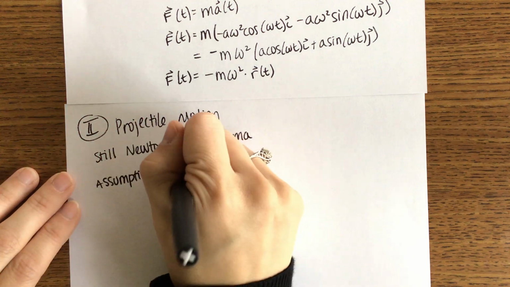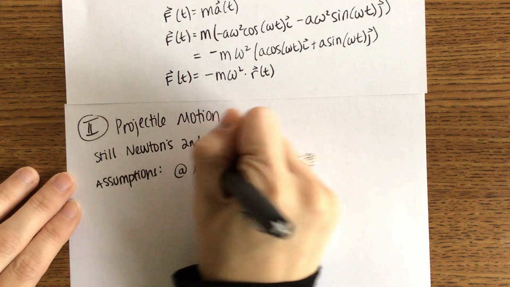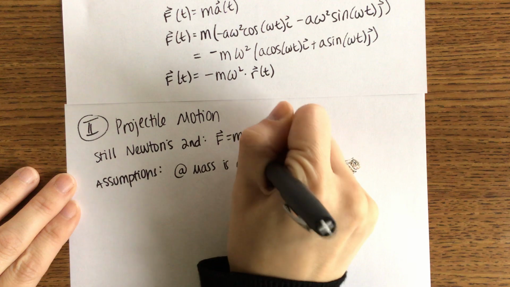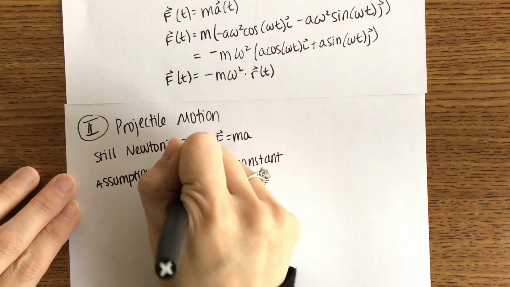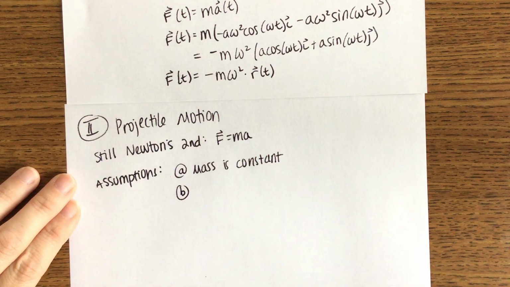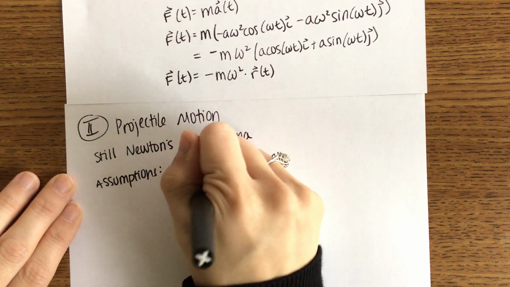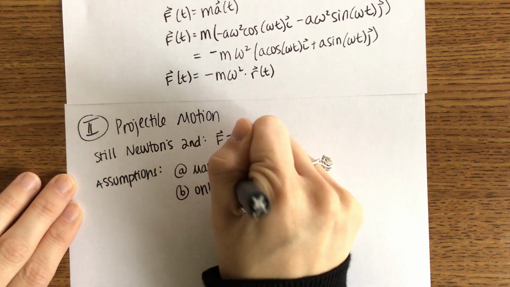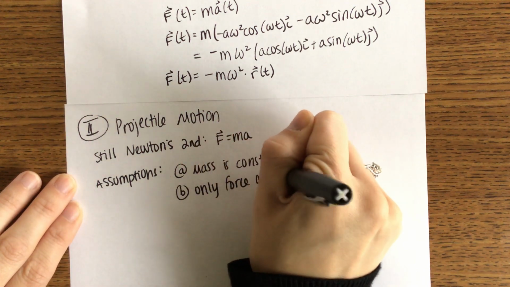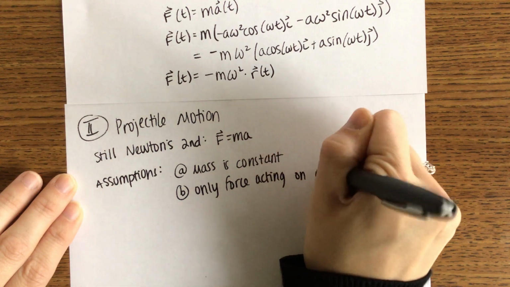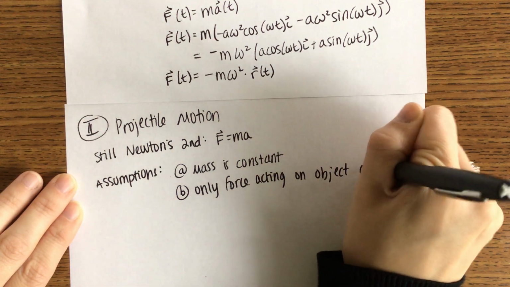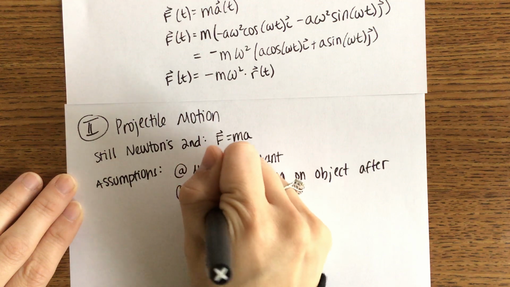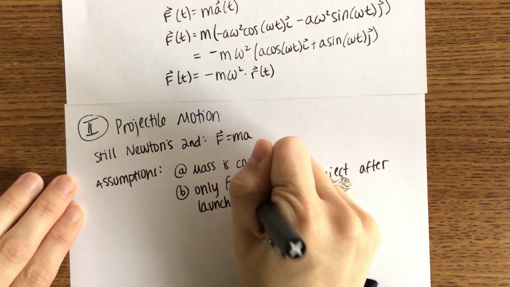First assumption is that the mass is constant. Second assumption I want us to work with is that the only force acting on the object after its launch is Earth's gravity.